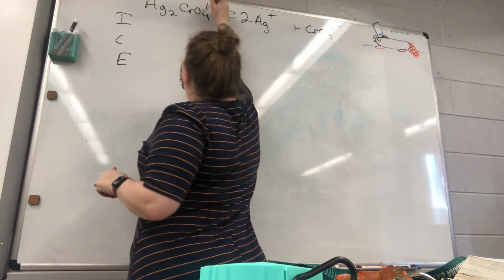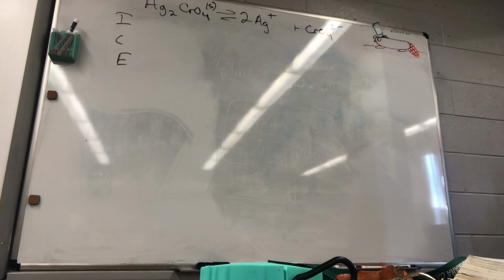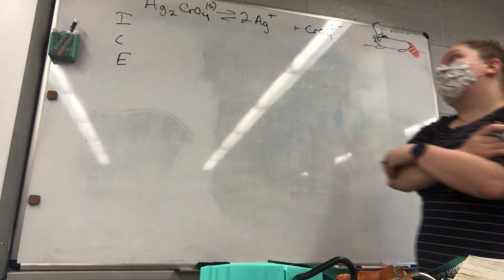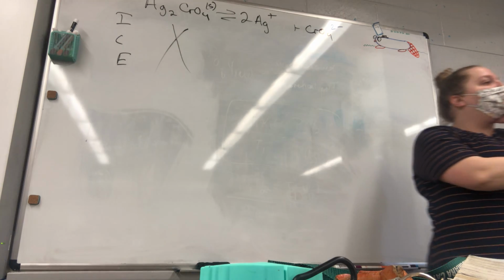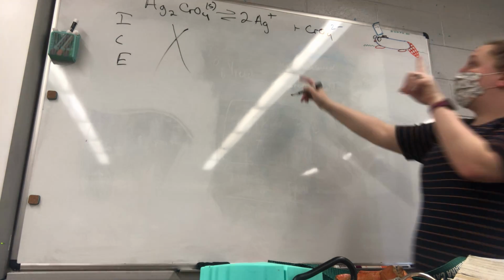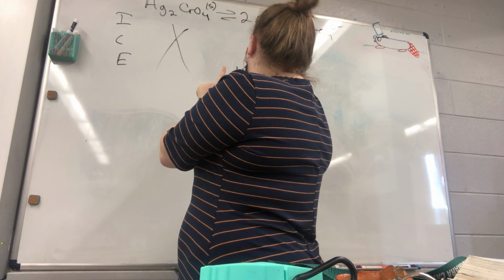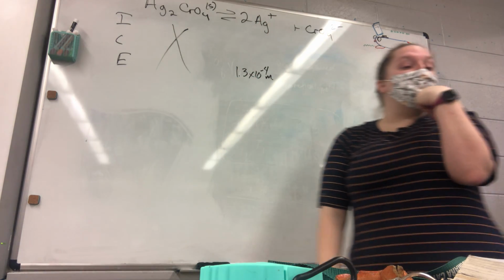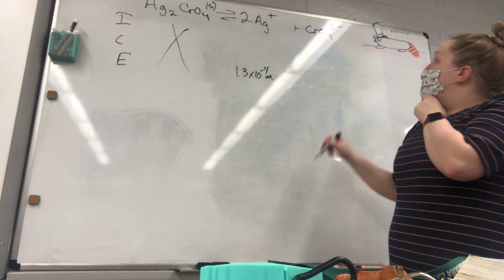Please remember that our salts before they hit water are solids. What does that mean about equilibrium? They don't matter. Okay? We're told the equilibrium of this one in particular is 1.3 times 10 to the negative fourth molar, meaning moles per liter.